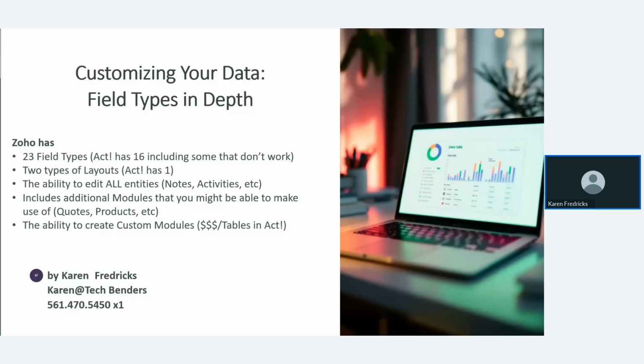Today's presentation is about customizing your data. To start with, Zoho has 23 field types. ACT has 16, so obviously there are a few extra ones that Zoho has that ACT doesn't have, and we're going to be talking about those, including a few that don't work. If you've ever tried to use a formula field in ACT, you found that it just doesn't work. If you ever tried to use the initial caps, which sounds like such a wonderful idea, you'll find that that doesn't work.